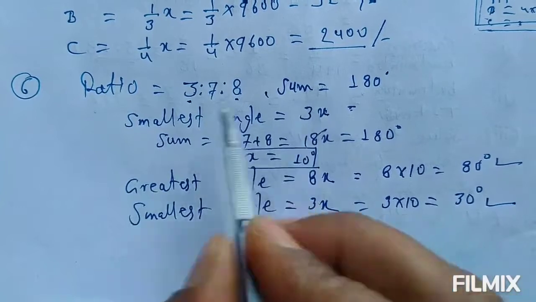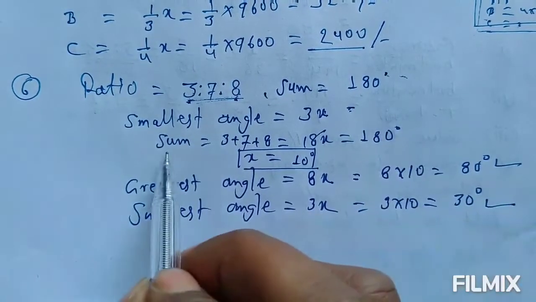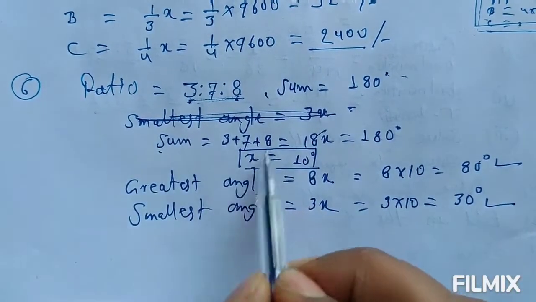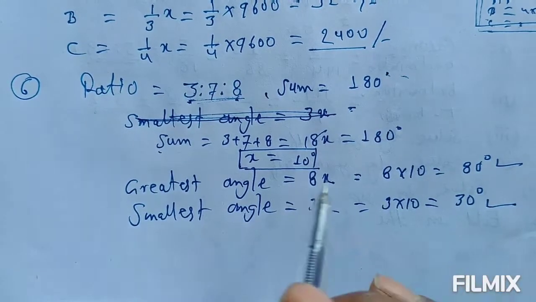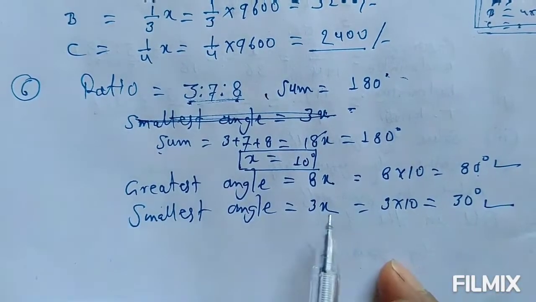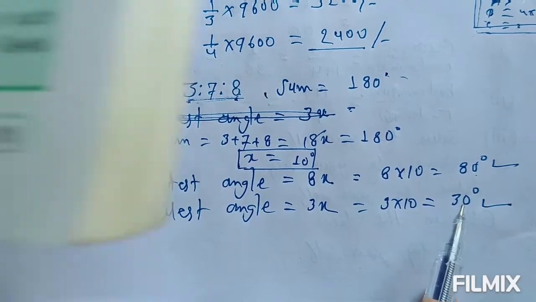So simply to solve this question, first of all find out the sum, because this sum is 180 degrees. Sum of angles 3, 7, 8 means 18x equals 180 degrees. The value of x will be 10 degrees. Then the greatest angle is 8x, so 80 degrees. The smallest angle is 3x, so 30 degrees. This is the solution of question 6.